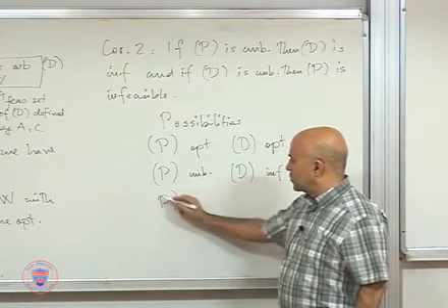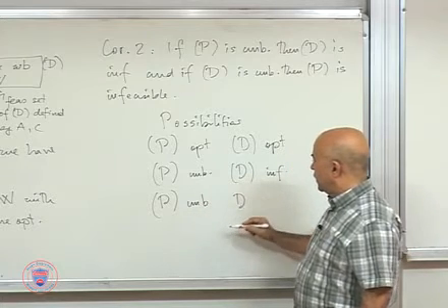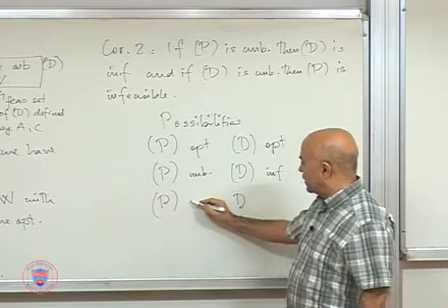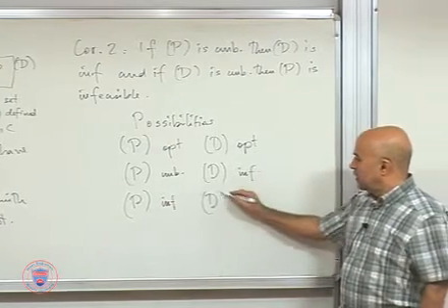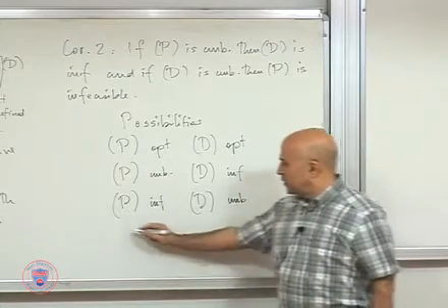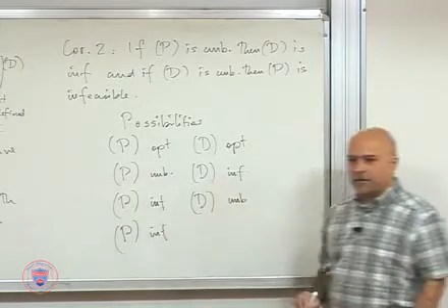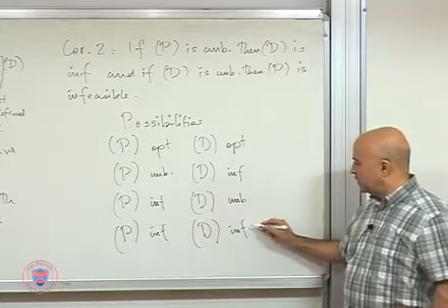Sorry, it's not that. If P is, say, infeasible, it is possible that D is unbounded. And it is also possible that P is infeasible when D is infeasible.